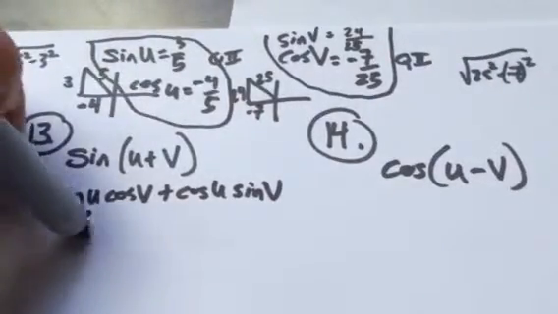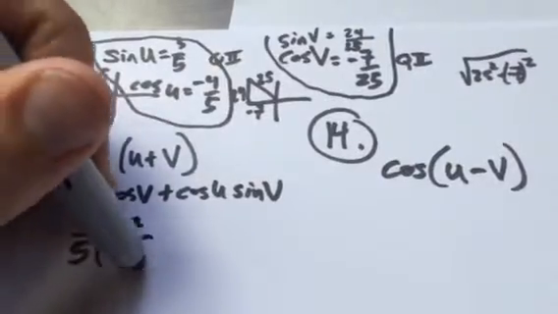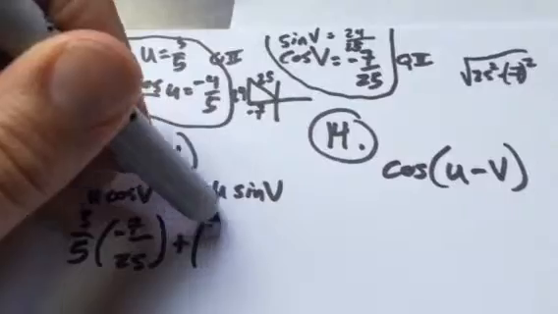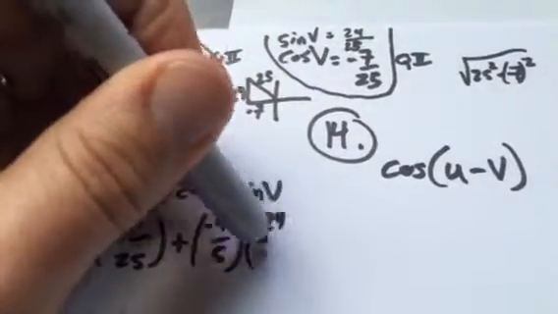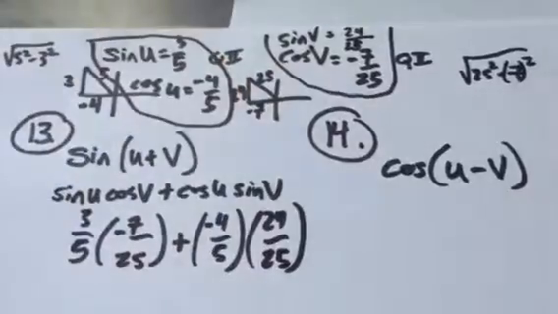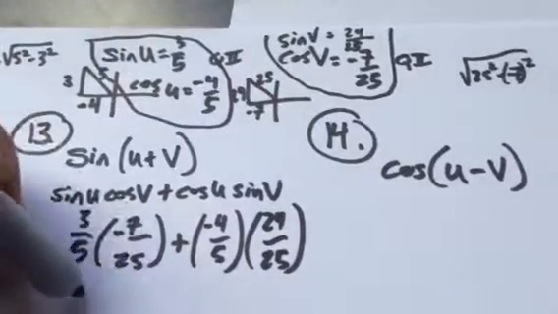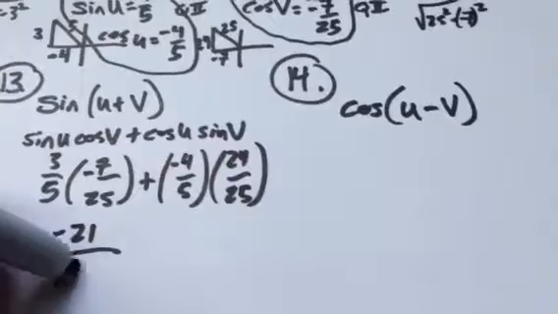Sine of u was 3/5. Cosine of v is negative 7/25 plus cosine of u is negative 4/5. Sine of v is 24/25. So going on with that one, this multiplies to negative 21 over 125.